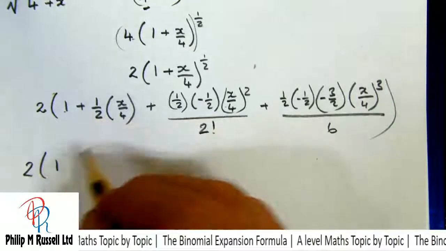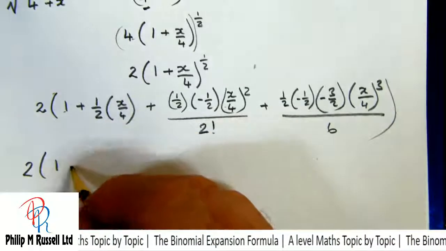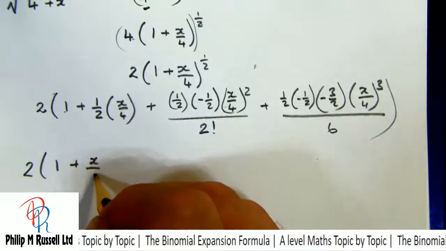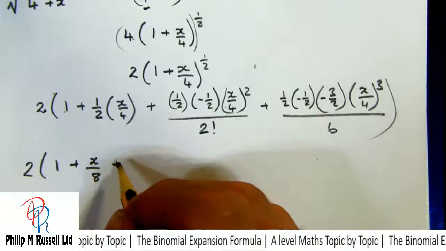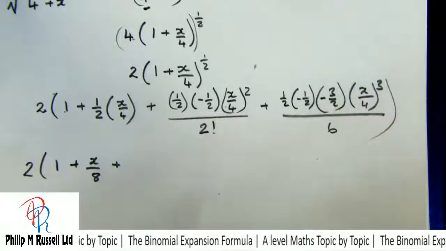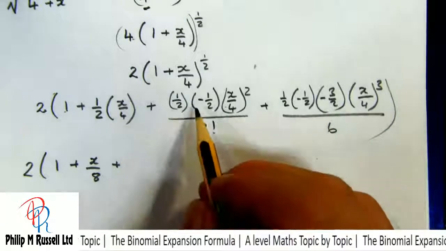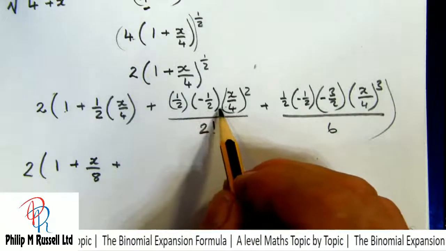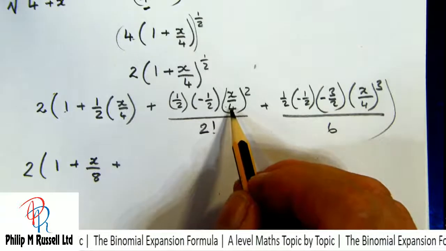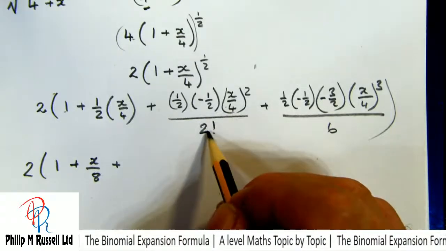We got 1 half. That's going to give me x over 8, plus a half times a half is going to give me minus a quarter, divided by 2.